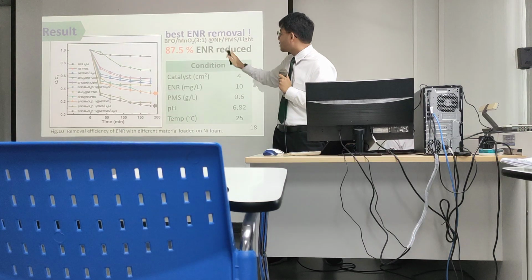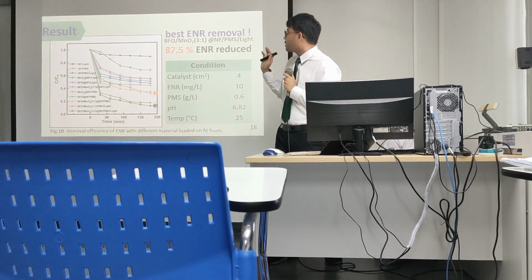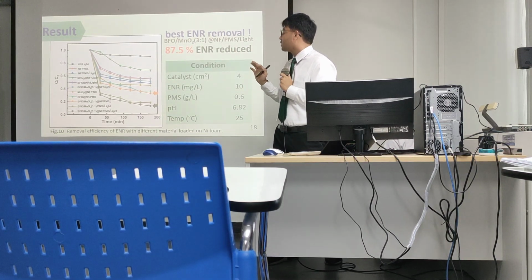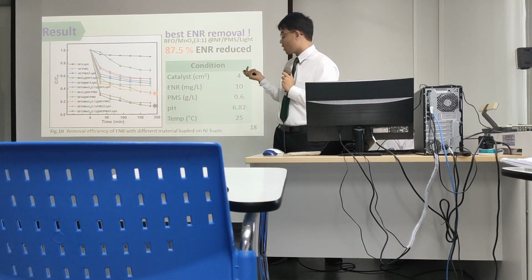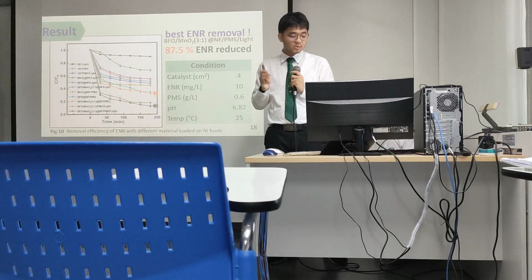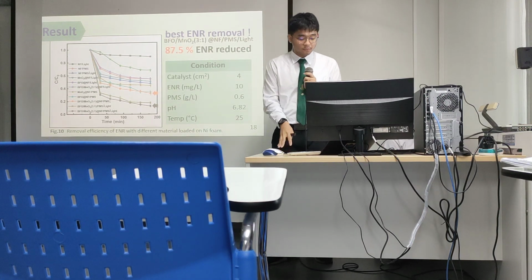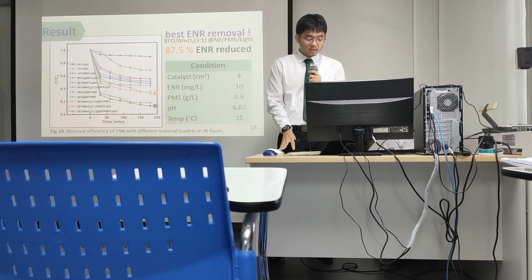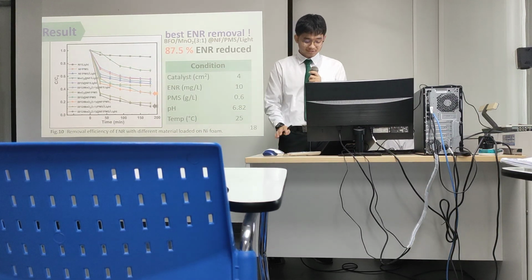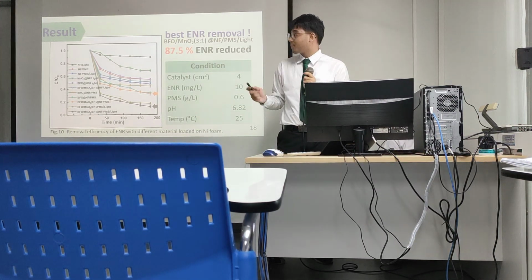With light, it can reduce enrofloxacin by 87.5%. The conditions used are a catalyst of 4 square centimeters, enrofloxacin 10 micrograms per liter, peroxymonosulfate 0.6 grams per liter, at pH 6.82 and room temperature.